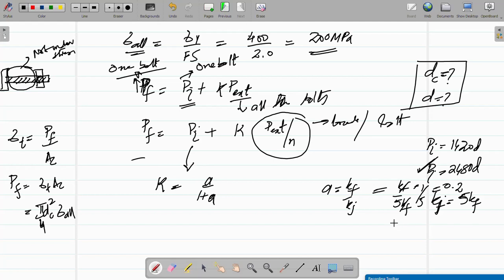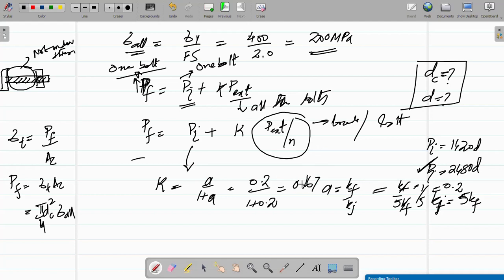Clear? So A is 0.2. Let's put this value here, 0.2 over 1 plus 0.2, 0.2 divided by 1.2, you get an answer of 0.167. So the K is 0.167.